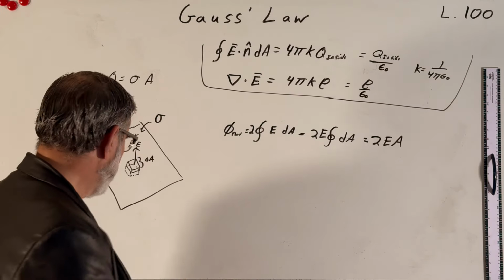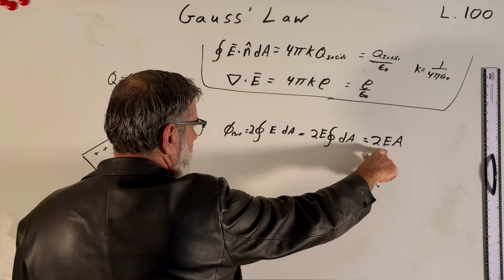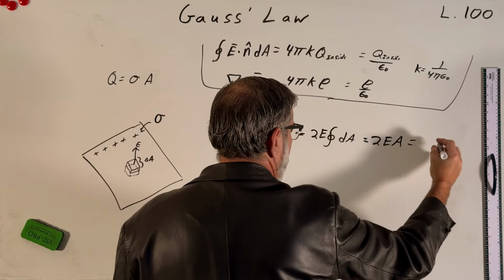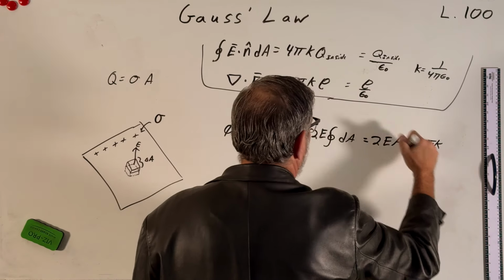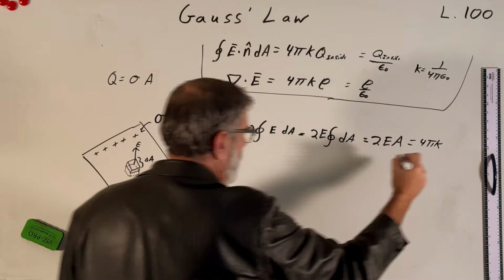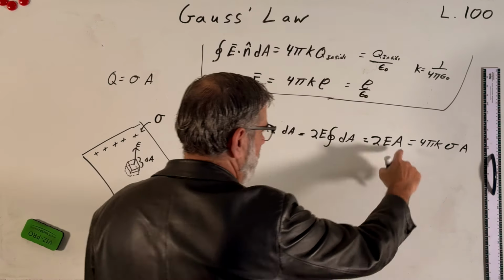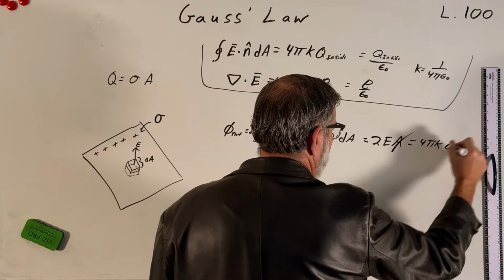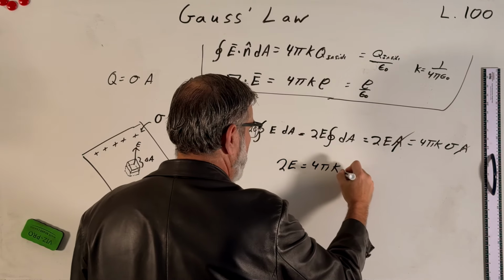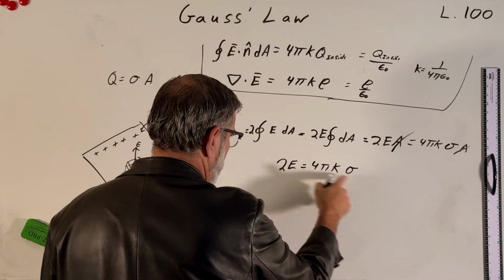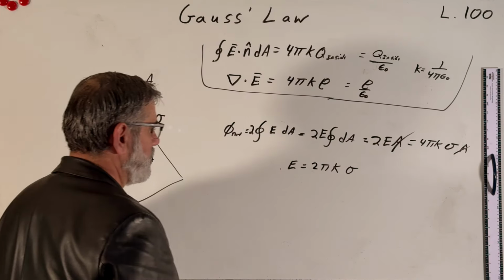Gauss's law says, now that I've written out what the flux is, 2 times EA is equal to 4 pi K times Q inside, but Q inside is just the charge density, sigma, times A. But look, this A and that A are the same A, so those cancel. I'm left with 2E equals 4 pi K times sigma. Let's divide out the 2, so we now have solved for E. Dividing out 2 gives me 2 pi K sigma.